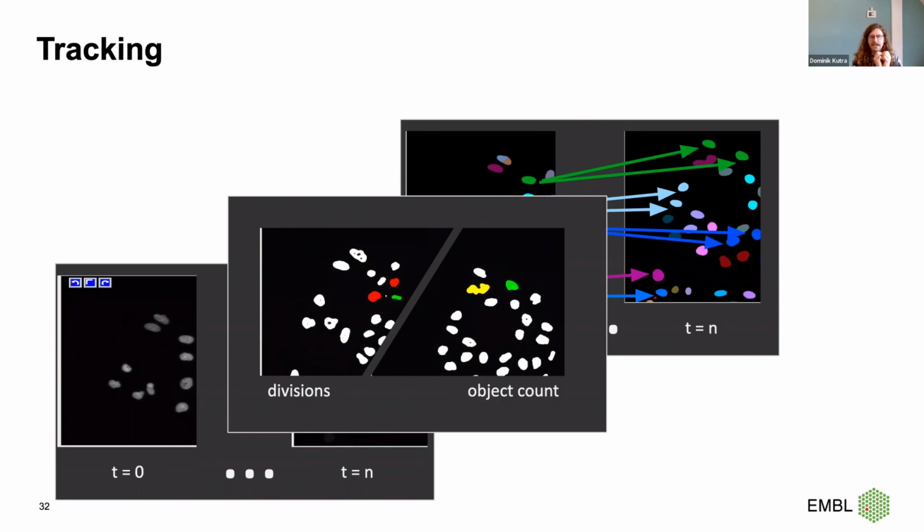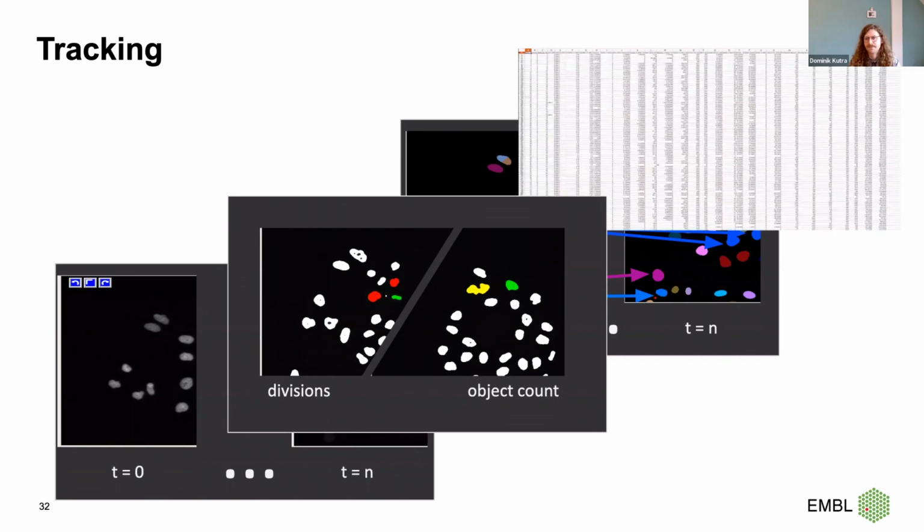So that in the end, you can still see that two objects, for example, started separate, came together, formed a single one, and then went separate ways again. So this is why you have to train an object count classifier. And in the end, you get not only an image with your result, but also a huge table which describes the fate of each cell over time in a lot of detail.